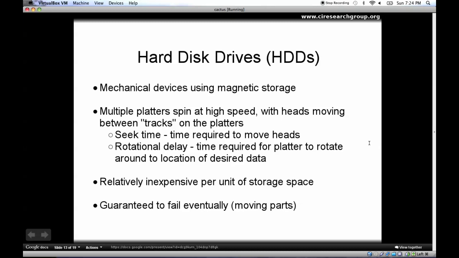Accessing data on a hard drive is thus subject to 2 types of delay: a seek time, which is the time required to move the heads back and forth, and rotational delay, which is the time required for the platter to rotate around to the location where the desired data is stored. Now, hard drives are relatively inexpensive per unit of storage space, but they are mechanical, which means they're guaranteed to fail sooner or later.